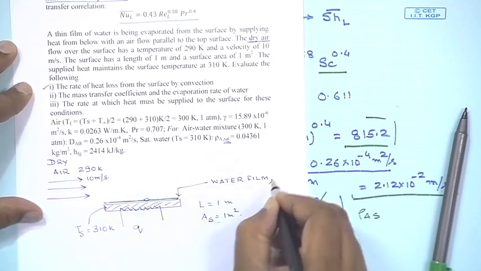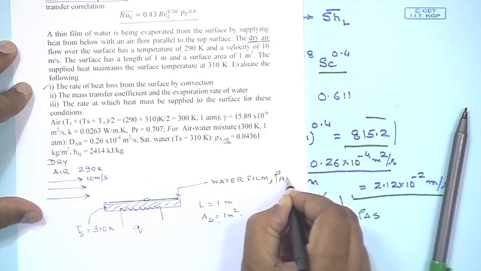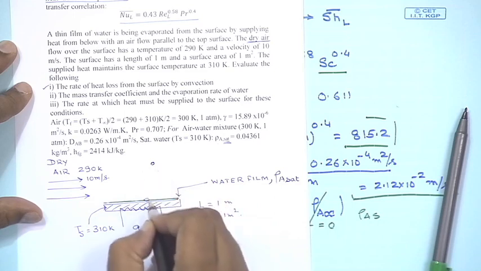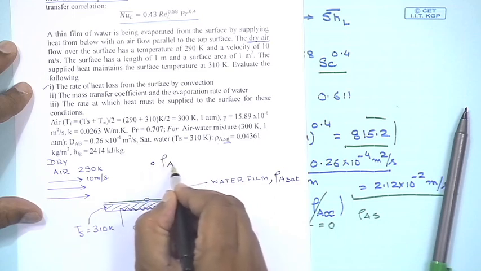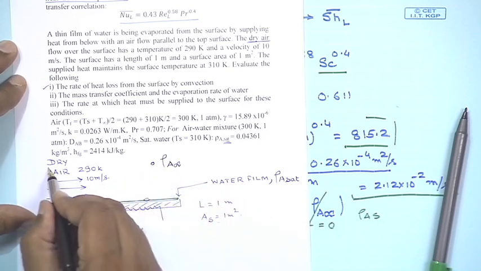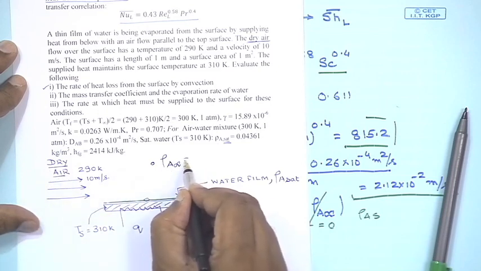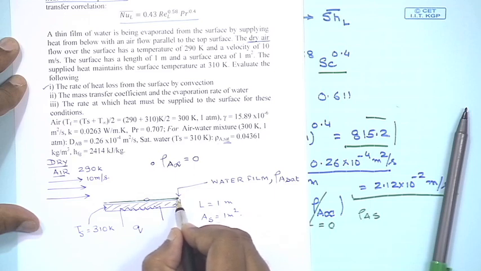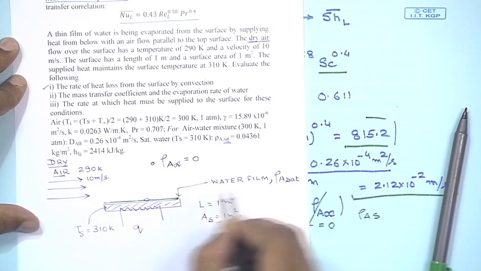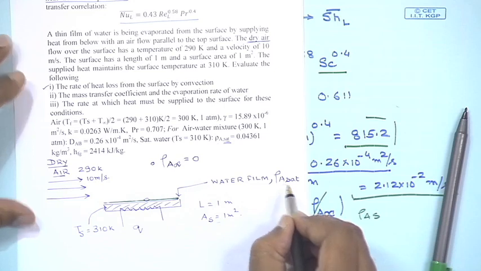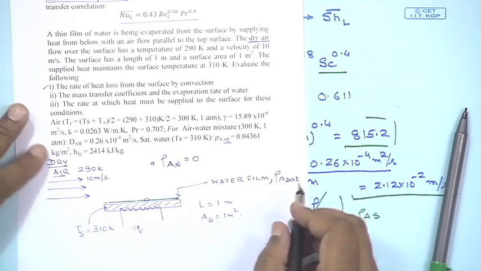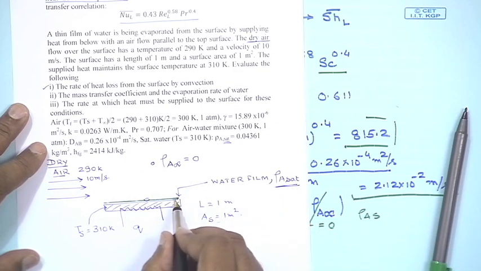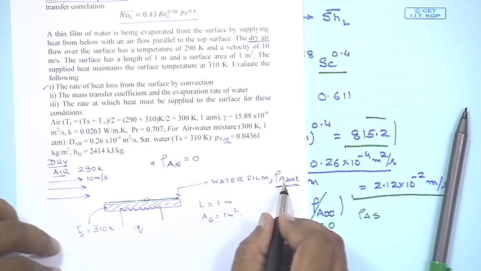So, at the water film, the concentration would be rho A sat, and the concentration far from the solid plate is rho A infinity, which, since it is dry air, would be equal to 0. At the water film air interface, we will assume that the air film is saturated with water, and therefore the concentration of water at this junction would be equal to rho A sat.